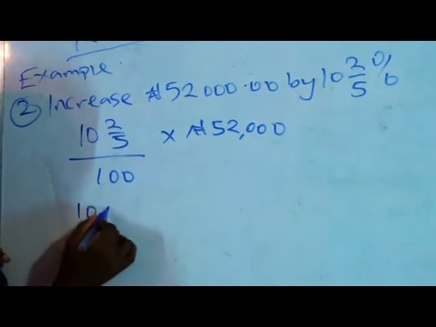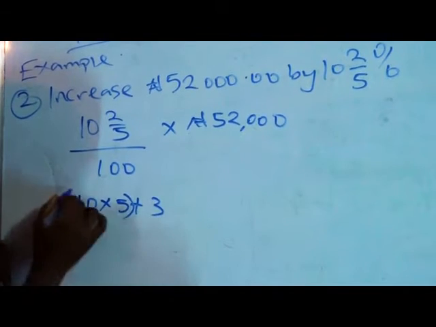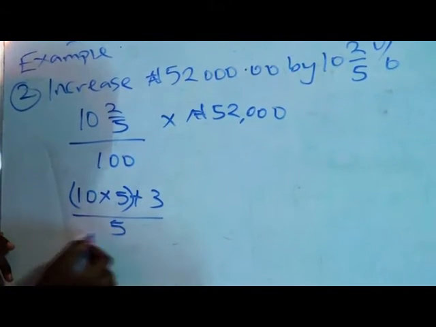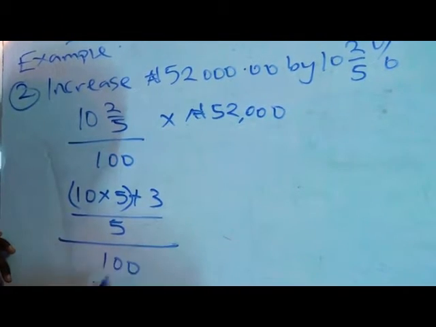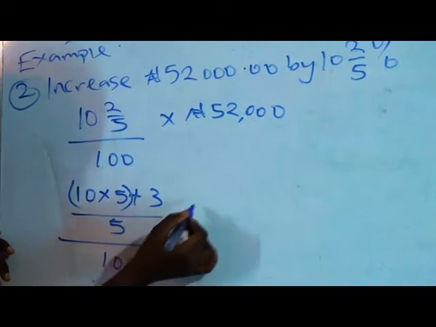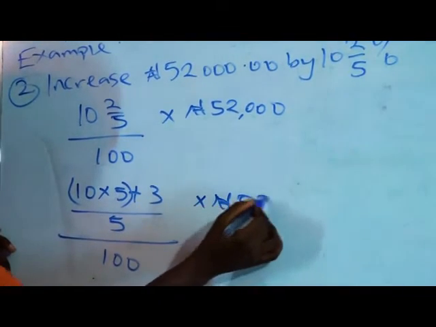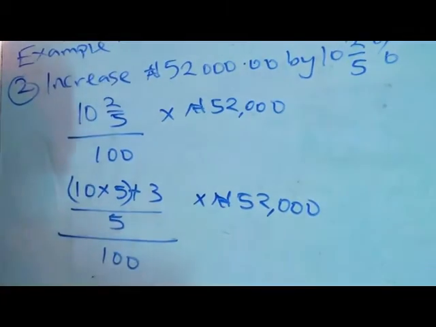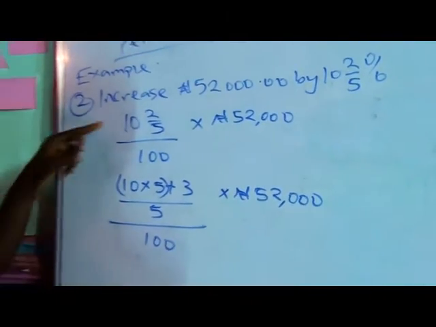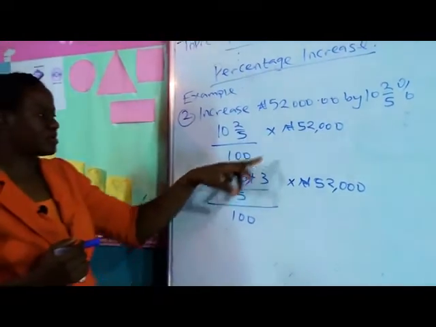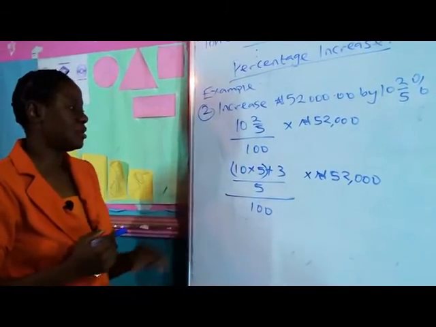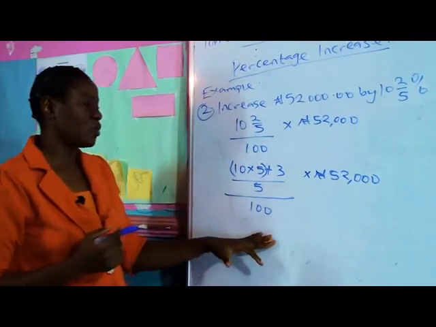So we go 10 times 5 plus 3 all over 5 all over 100 times 52,000. 10 times 5 plus 3 all over 5 times this divided by 100.